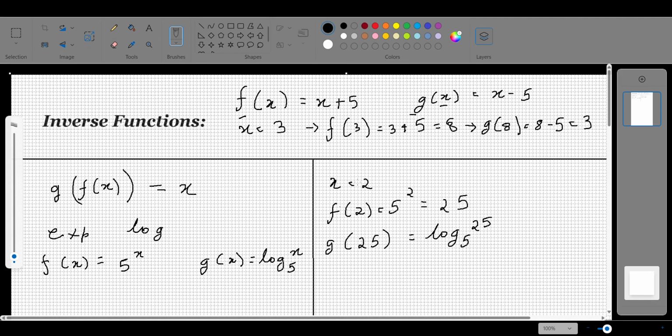And here we ask the question, how many times should 5 be multiplied to itself to get 25? 2. So you see, we started off with 2 and we came right back to 2. So whatever f did to 2, g undid that result and gave us back the original value 2.